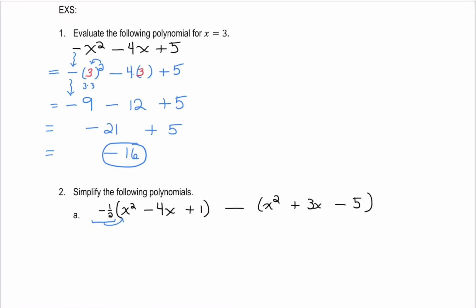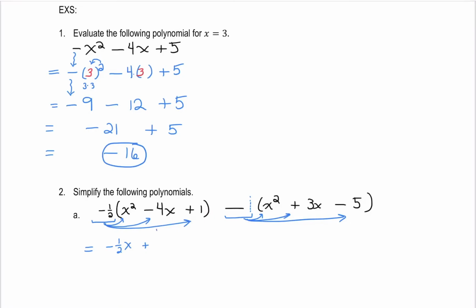We start by distributing any of the numbers directly in front of the parentheses, including in the second set here, the implied -1 that we are distributing. So in the first term of the first set of parentheses, that's just our -1/2 x squared. And then in the second term, negative times negative is positive.